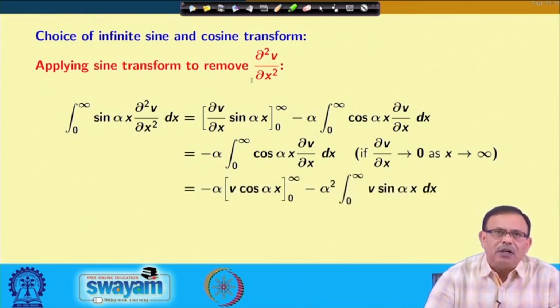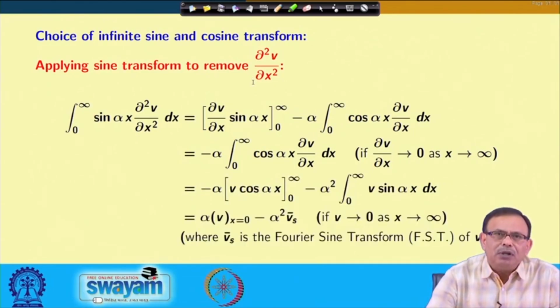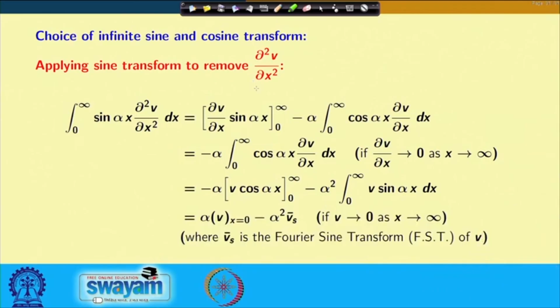Again, if I integrate it, I will obtain this. For the first limiting value, at x equals 0, I am obtaining alpha into v at x equals 0, and for the second term, for x equals infinity, I am assuming that v approaches 0 as x approaches infinity, and 0 to infinity v sin alpha x dx is nothing but the Fourier sine transform of v, which we are denoting as v bar s.